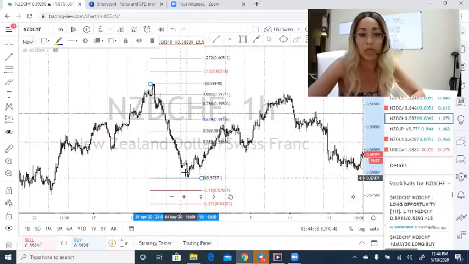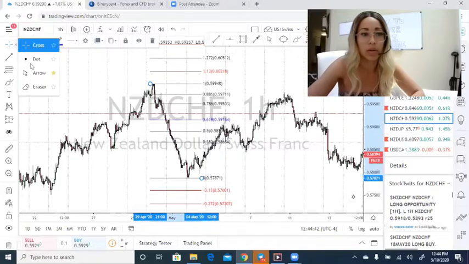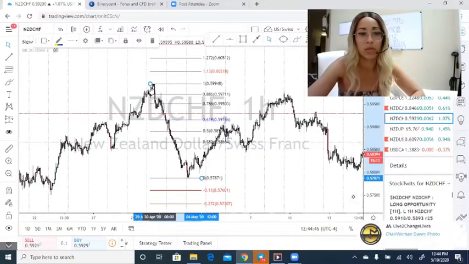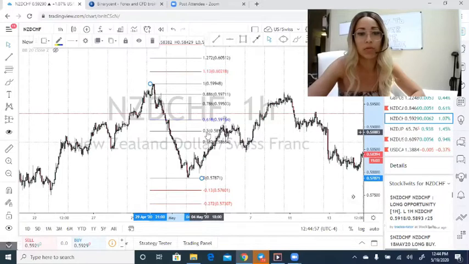So we can see from here, let me switch this over to an arrow, so it might be a little easier to see. Here we started from here. Price made its way down to here, and we're looking for it to come up to a minimum of the 50, also a maximum of the 50%.